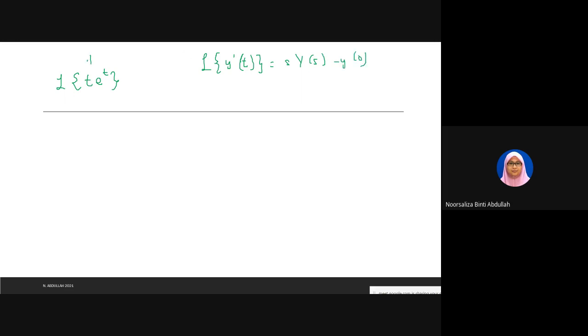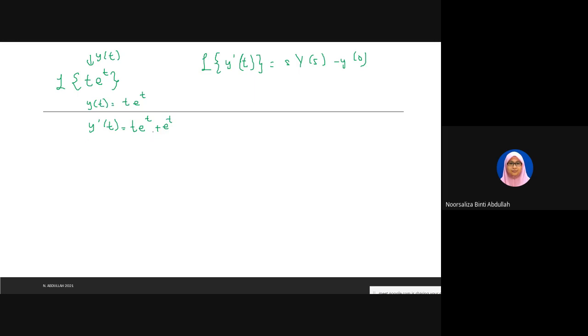Okey, so ini adalah y t. So y t awak sama juga dengan t eksponen t, and y prime t sama juga dengan awak bezakan t eksponen t. So what you get? T e^t plus e^t.